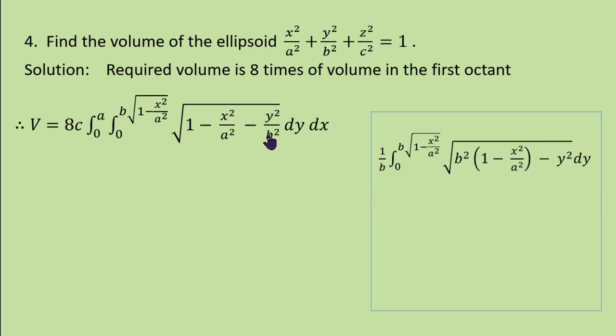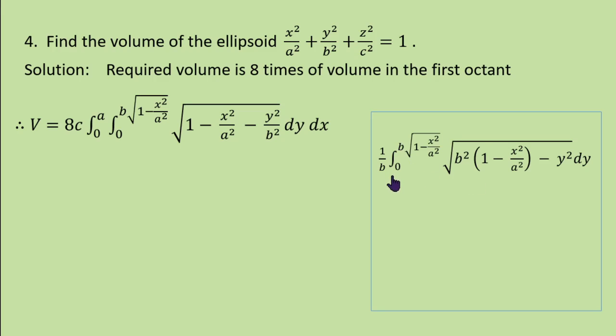By taking b square outside, 1 by b square is taken outside, so it is b square into 1 minus x square by a square minus y square. So 1 by b square, when it comes outside the square root sign, it becomes 1 by b. Limit is from 0 to b into root 1 minus x square by a square. Assume that this is capital A.